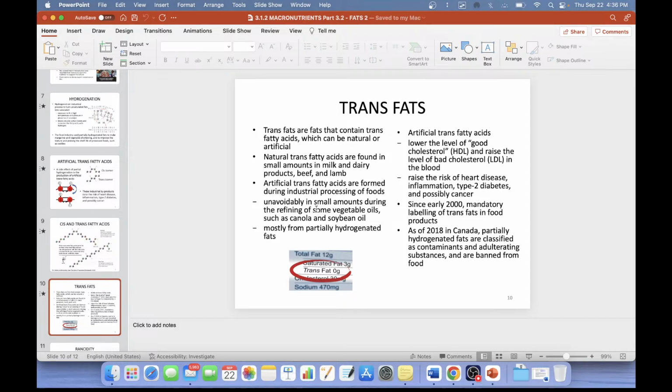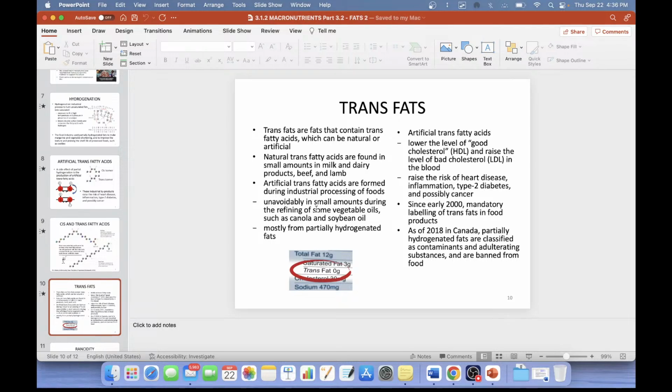They raise the risk of heart disease, inflammation, type 2 diabetes, and possibly cancer. Since the early 2000s, it's mandatory to declare the quantity of trans fats in food products. As of 2018, in Canada, partially hydrogenated fats are classified as contaminants and adulterating substances and are banned from food.